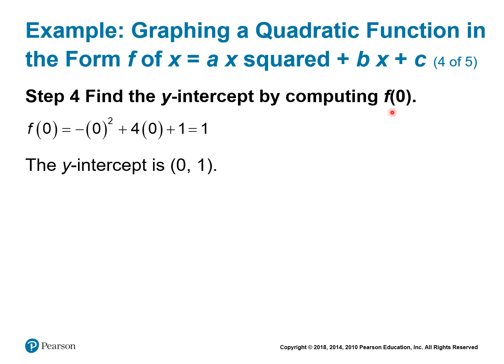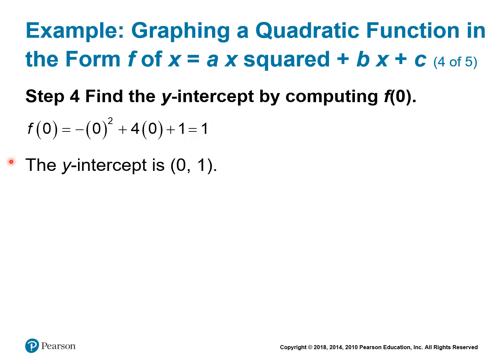So all we do is plug in 0 for x and evaluate the expression. So f of 0 equals negative, wherever there's an x, we replace the x's with a 0. So negative (0) squared, no matter what value you're plugging in, please use your brackets to start with. So minus 0 squared plus 4 times 0 plus 1 equals 1.